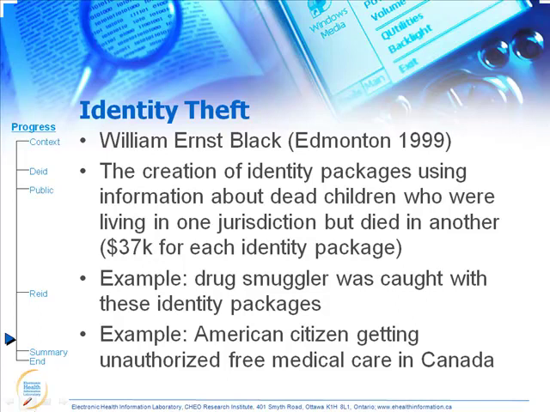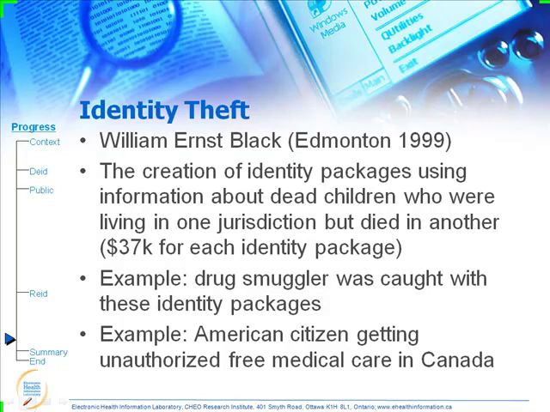This individual, William Ernest Black, was caught in Edmonton more than 10 years ago. What he basically did was he found children who had died in other provinces some years ago and then obtained reissued birth certificates for them, and then used that to create a full identity for these individuals.